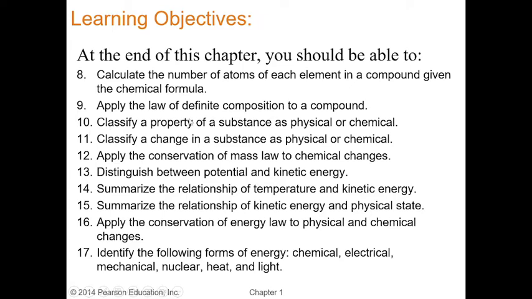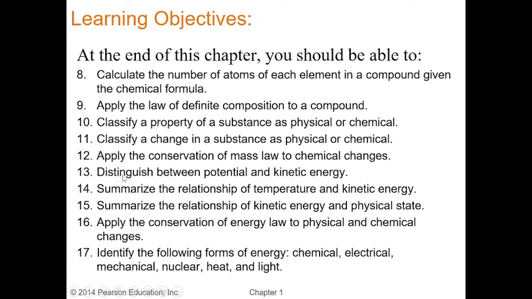Number 10, we will classify a property of substance as either physical or chemical. Number 11, classify a change in a substance as a physical or chemical change. Number 12, we will apply the conservation of mass law to chemical changes.